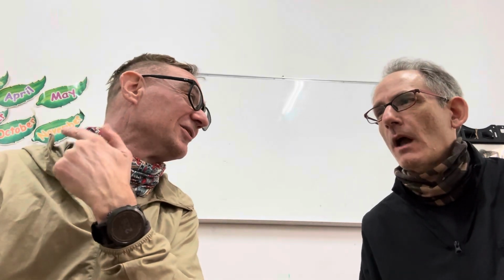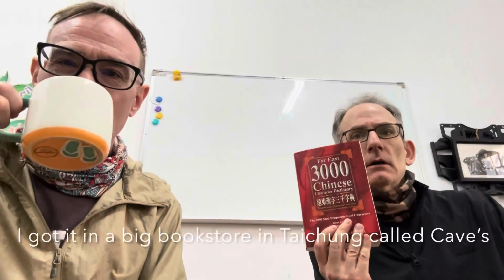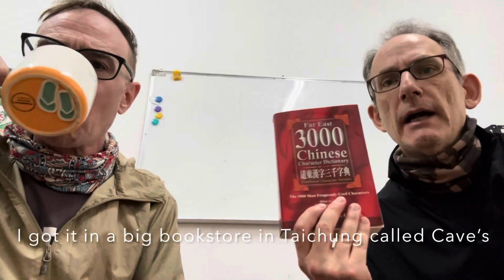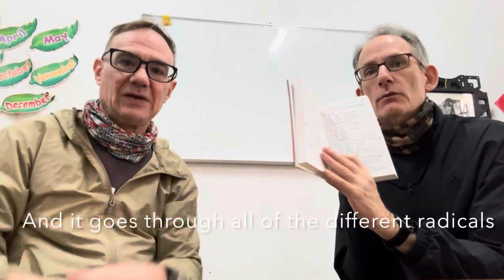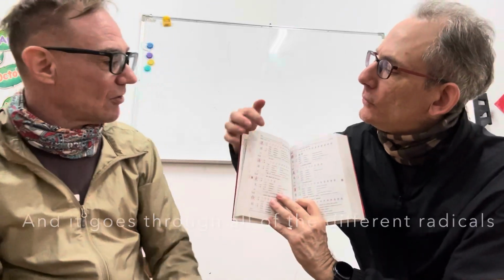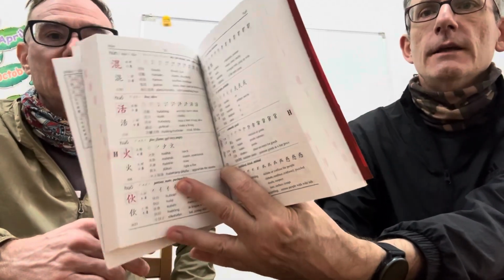Not too many. In fact, you have the same book that I do. Yes, right over there. I bought it in a big bookstore in Taiwan called Caves Donghuang. It goes through all of the different radicals. The big thing that I like is the stroke order. It's even faster than looking it up on the internet.